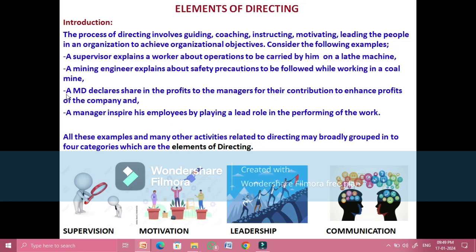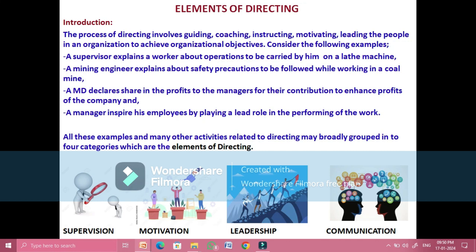And coming to another one, the managing director declares a share in the profits to the managers for their contribution to enhancing the profits of the company. Why? In order to motivate the manager.